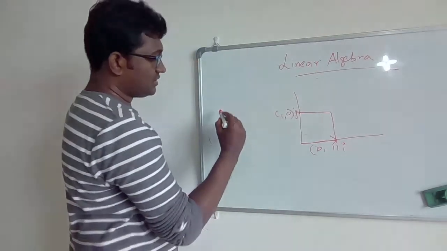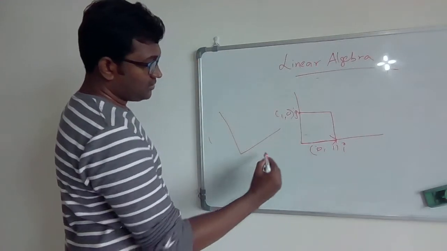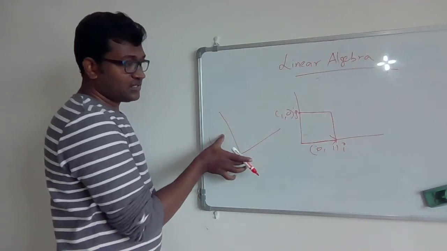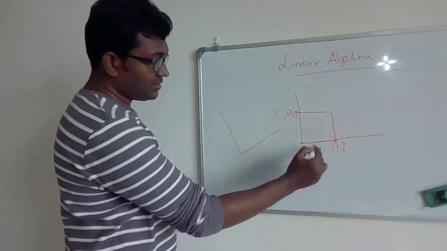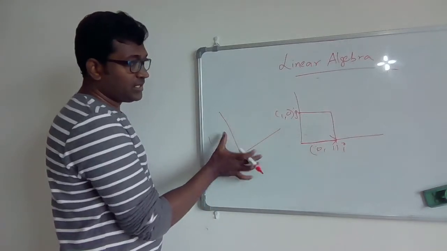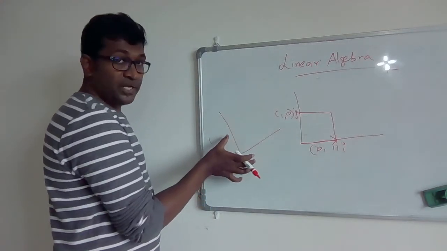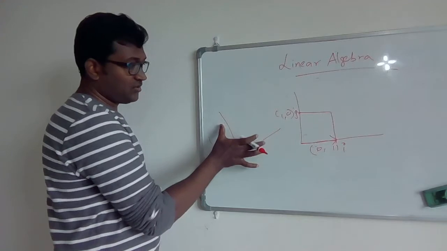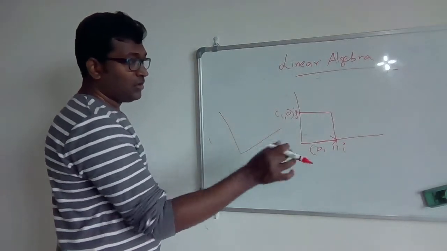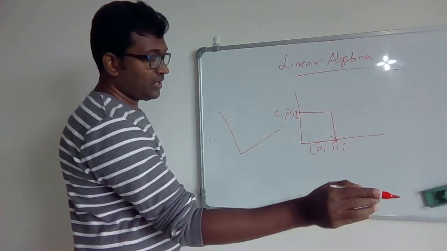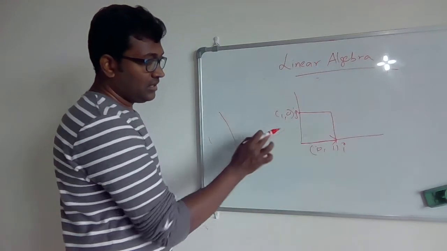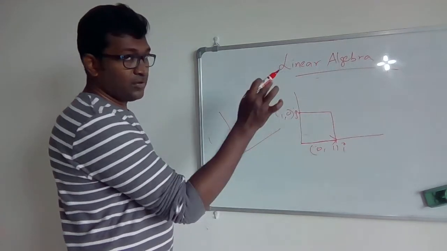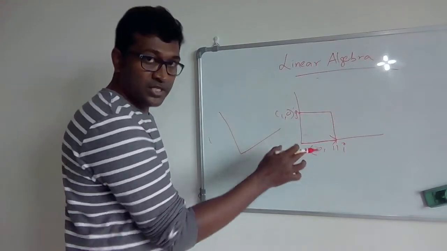Suppose your axis is like this, which means that the base is rotated. This is also 90 degrees, but it is rotated this way, which means that the basis has changed from this to this. So now if you try to rotate it by the same degree as you did here, you might end up in a different location. So we need to know what is the base from which we are starting.